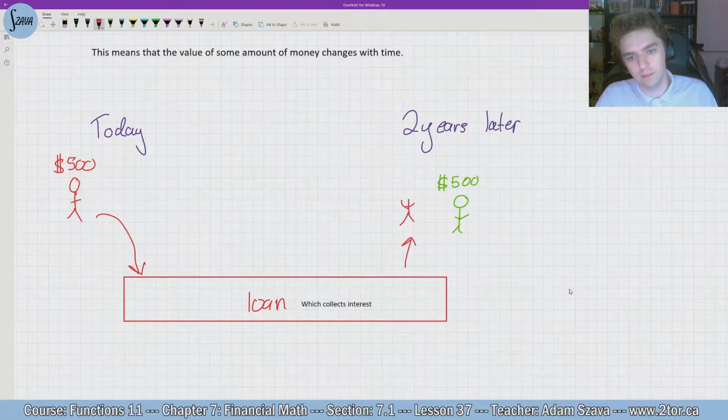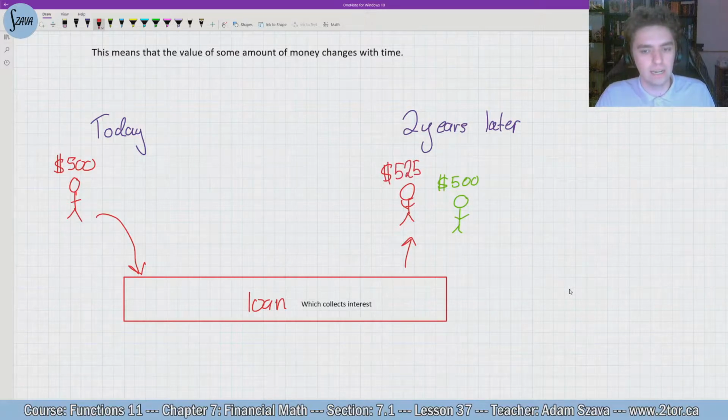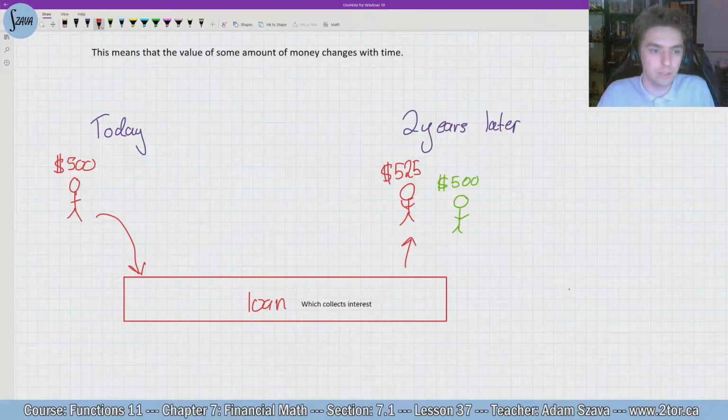Let's just say, randomly, this is $525. You collected some sort of interest, because you put it in a loan, and now out of it you get your $500 back plus a little extra, and that little extra ended up being $25. Don't worry about why 25. Let's just say that's a random number.